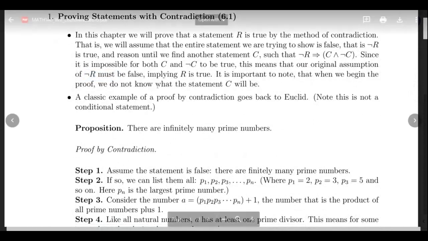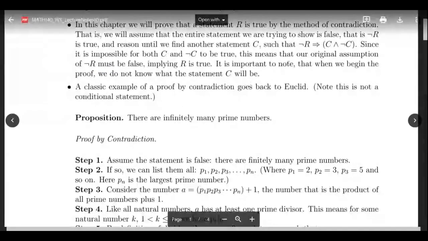When we begin the proof, we do not know what the statement C will be. This is just an abstract idea. Let's see what this means.